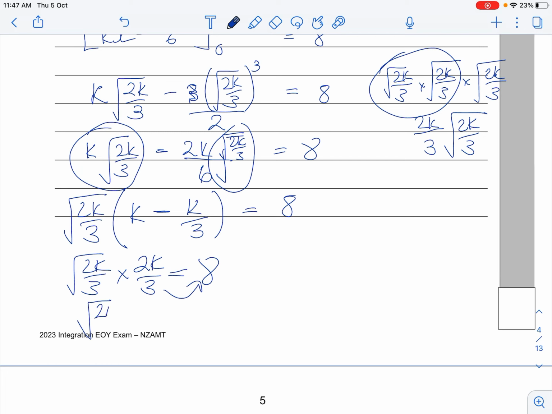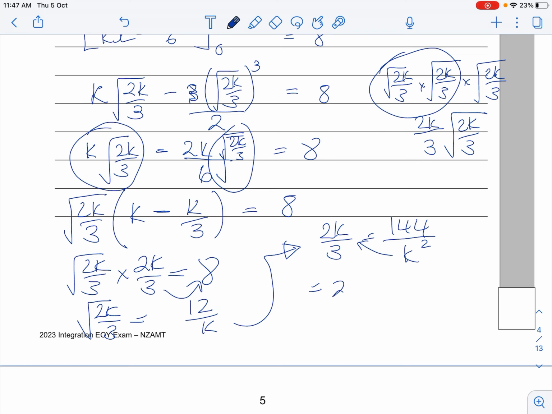So that becomes root 2k over 3 equals 3 times 8 is 24. 24 divided by 2k becomes 12 over k. Now we can see this square root just belongs to one thing on that side. So we can get rid of the square root and we can say, right, 2k over 3 equals, we're going to square both sides, 144 over k squared.